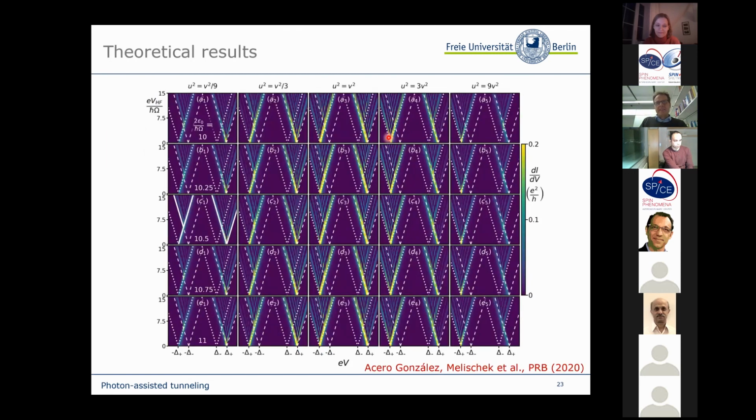Okay, so here then are theoretical results, which you can do for any parameters. So here, this is equal electron and hole wave functions. This is electron wave functions being much smaller than hole wave functions. This is electron wave functions being much larger than hole wave functions. And then in this direction, we are changing the subgap energy relative to the high frequency radiation.